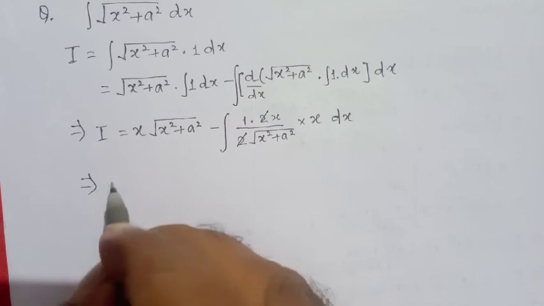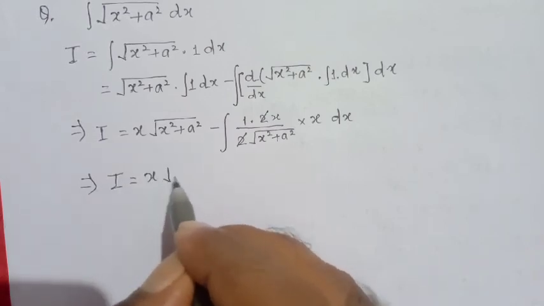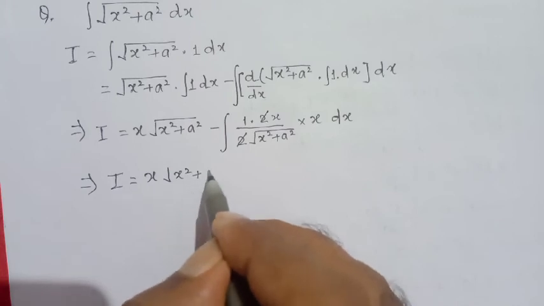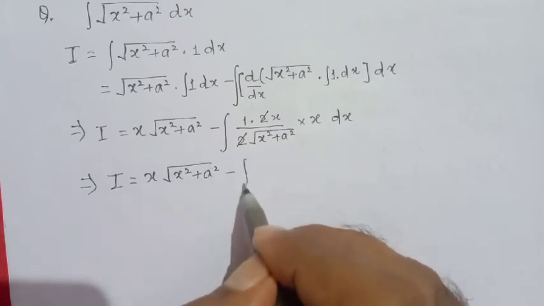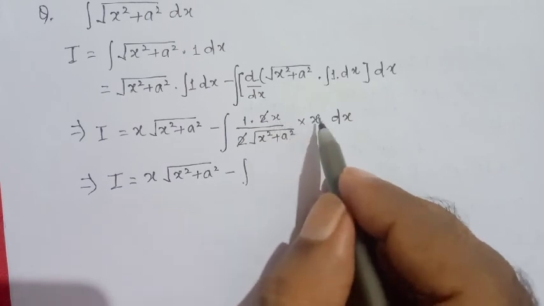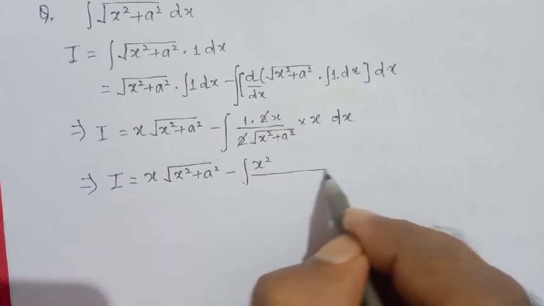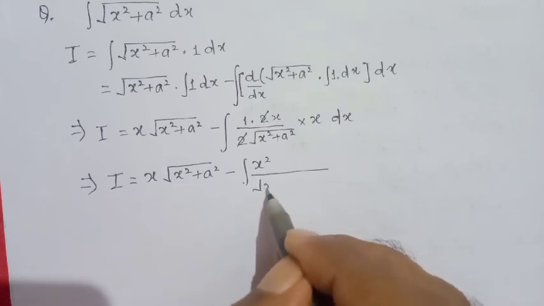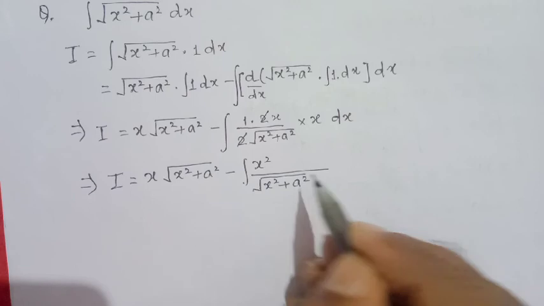So it should be written as I is equal to x under root x square plus a square, minus integral of x into x, that is x square, by under root x square plus a square into dx.